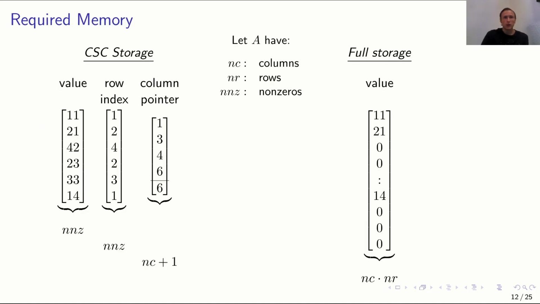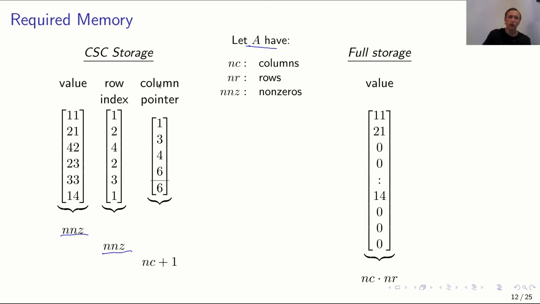So what does this mean for the memory? So how much does this storage save us? Well, let's say that A has NC columns, NR rows, and NNZ non-zeros. Then we note that our value index is always going to contain NNZ elements because it contains all the non-zero values that we have. Similarly, the row index is also going to contain NNZ elements because for each of our non-zero values, we have to indicate a row index.